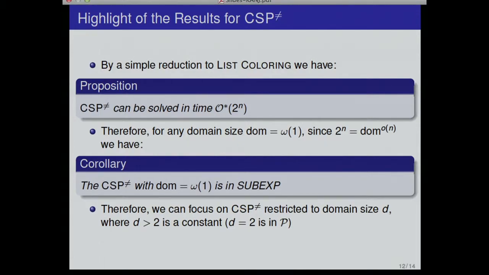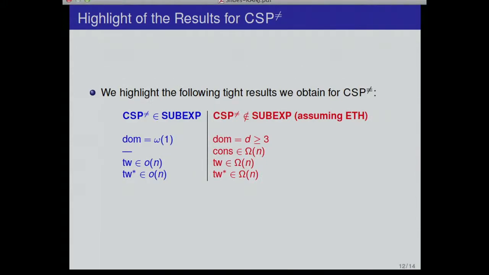And just to highlight some of the tight results that we get in this case. For domain size that's little omega of 1, the problem is trivially in sub-exponential time by this list coloring reduction. If the domain is greater than or equal to 3, it's not in sub-exponential time under ETH.